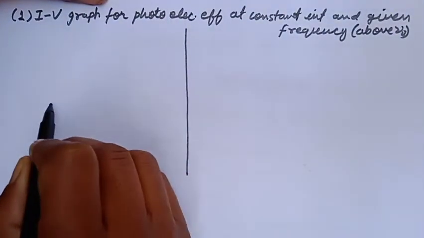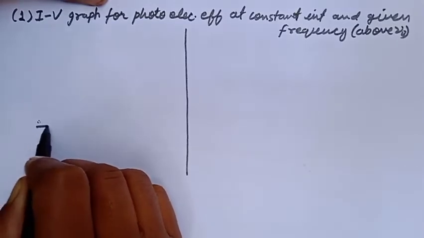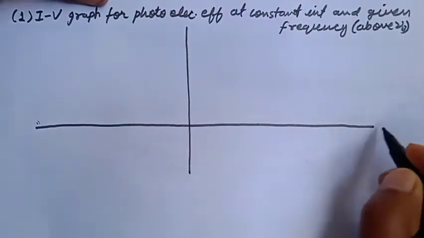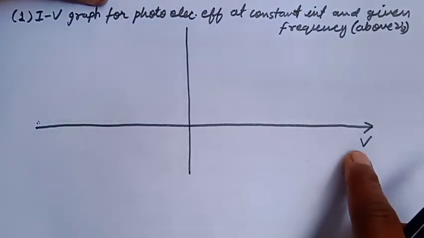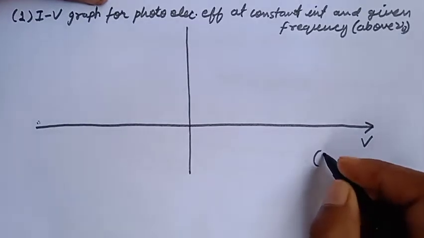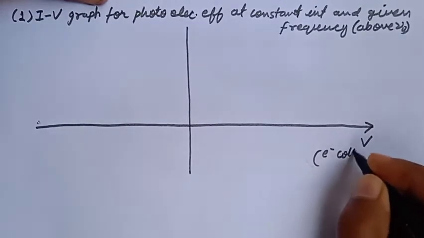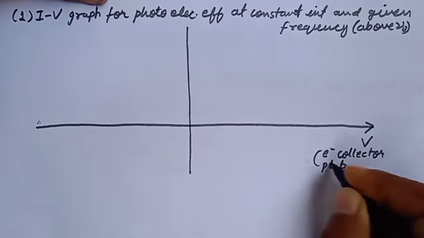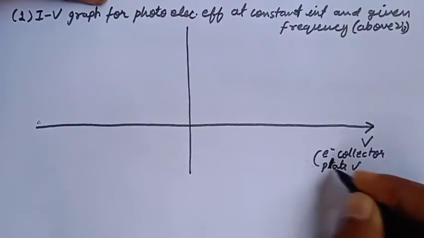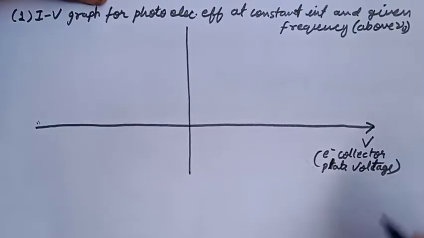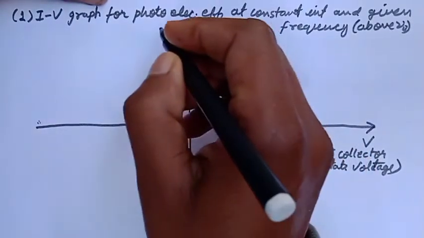So here we have this graph. This is V, called plate voltage, or actually collector voltage, electron collecting plate voltage. And this is photocurrent.